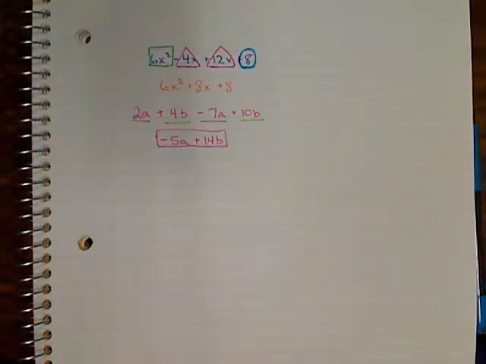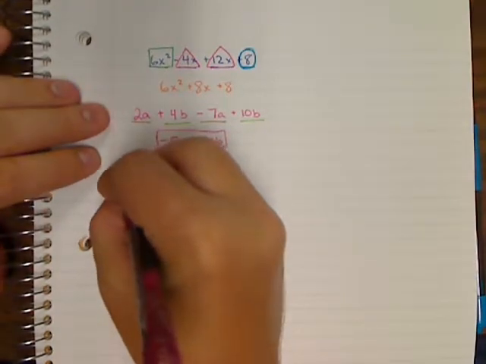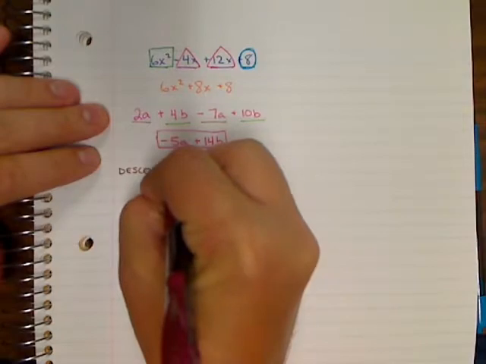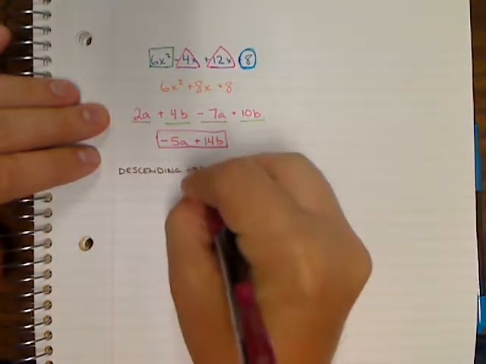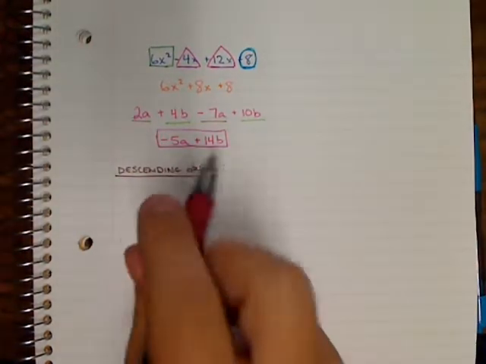Now, it is important how we combine some of our like terms. We want to go in descending order. So when I'm talking about descending order, I'm really talking about the exponent.